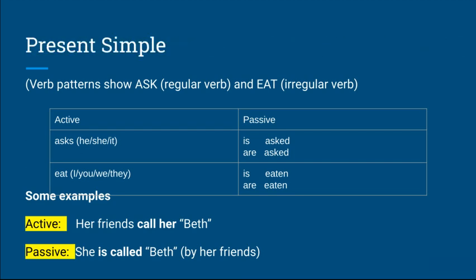The present simple. I have added some verb patterns to show ask as a regular verb and eat as an irregular verb. Let's see how they function. Asks for he, she, and eats. The passive is asked for singular, are asked for plural.